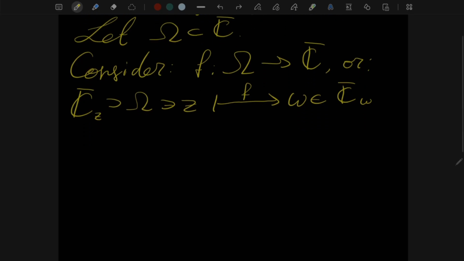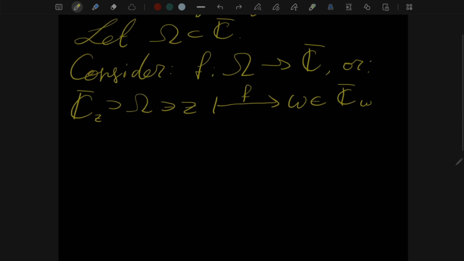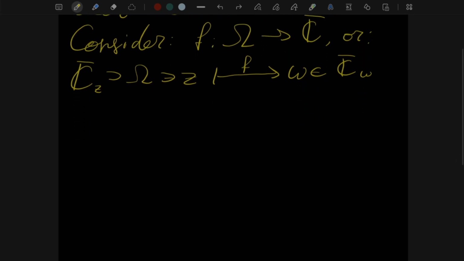Okay, now that we have introduced the notation for our functions, we can write omega as its real part and its imaginary part.